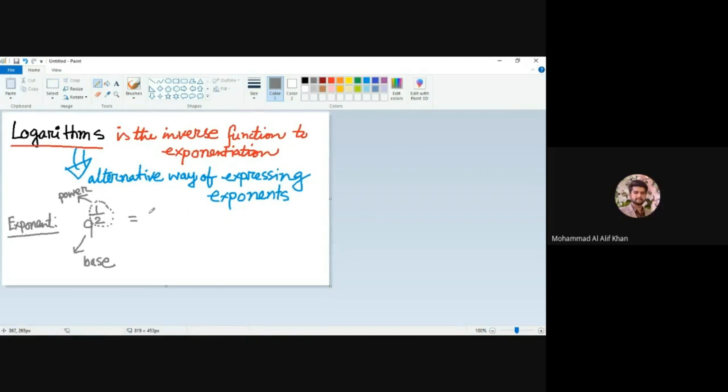So this is the way of expressing an exponential function. In an exponential function there is a base, there should be some power, and at the end we get some result. Maybe we have another one. 2 to the power 5.